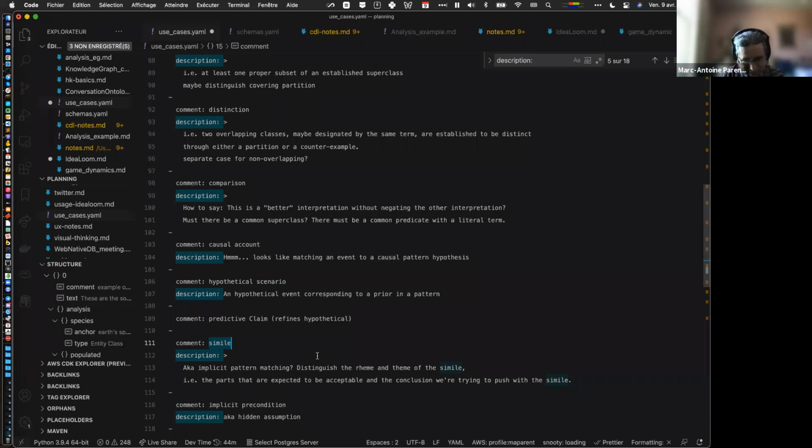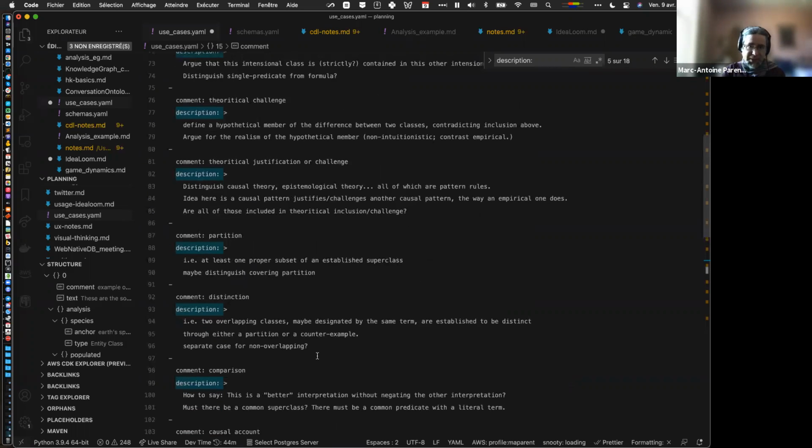That one I find fascinating, the notion of simile, because you're arguing from two things fitting a pattern to extending the pattern, but it's still all pattern matching.